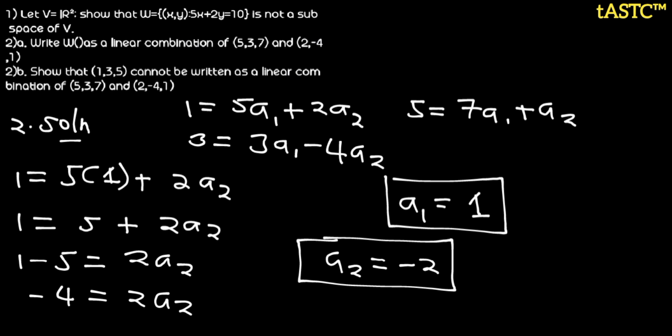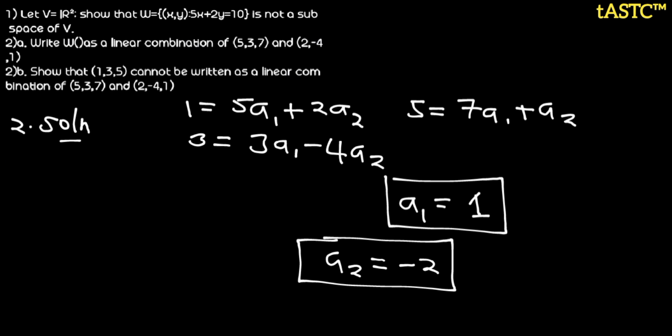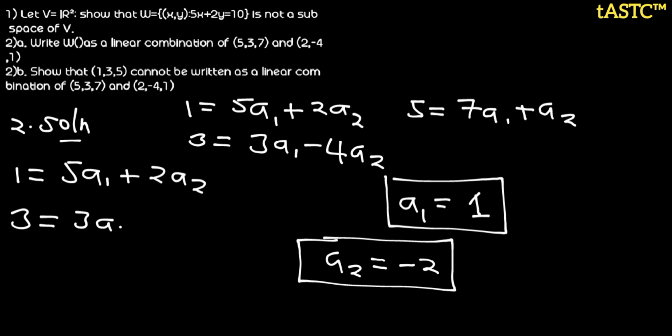Now remember, these were the system of equations we derived. The first: 1 is equal to 5a1 plus 2a2. For the second, we had 3 is equal to 3a1 minus 4a2. And for the third, we had 5 is equal to 7a1 plus a2.